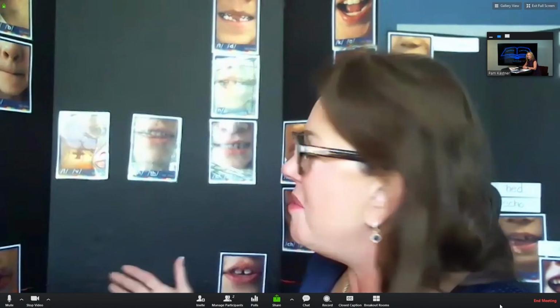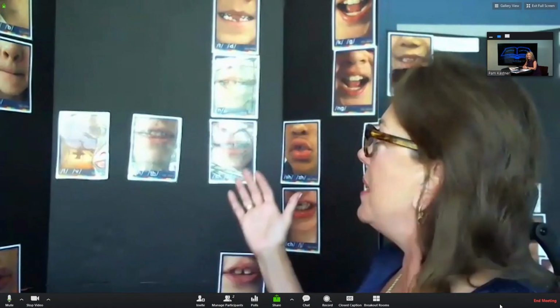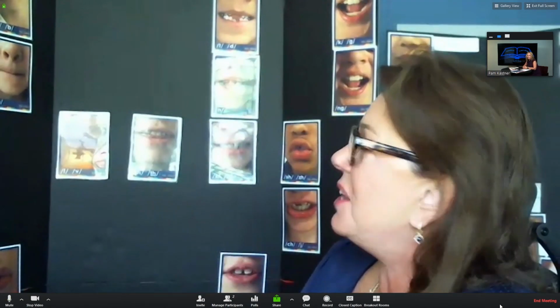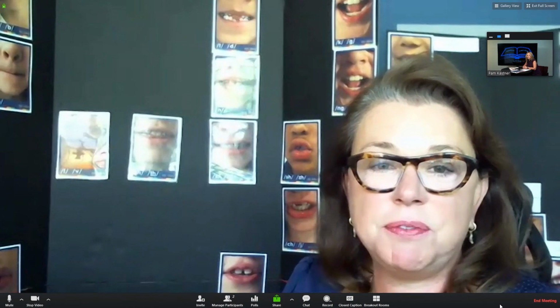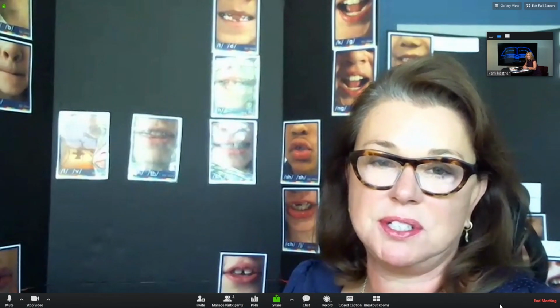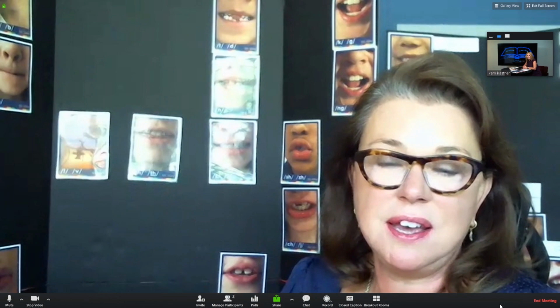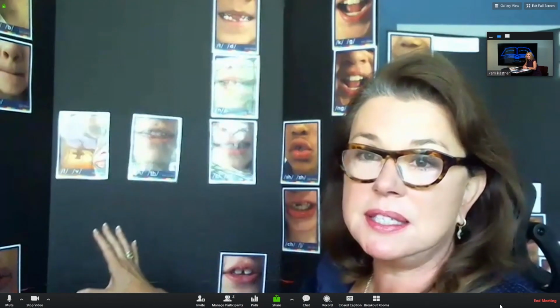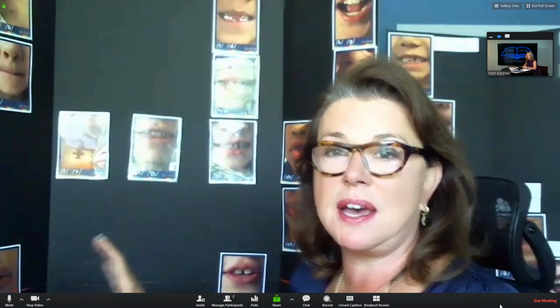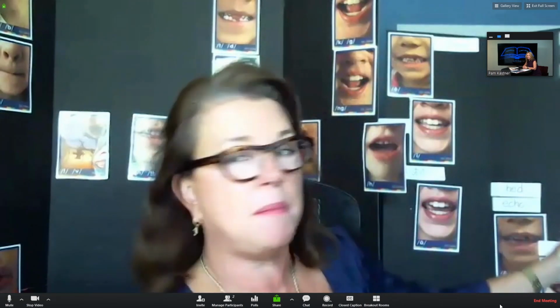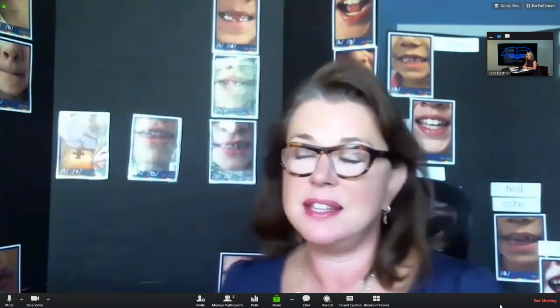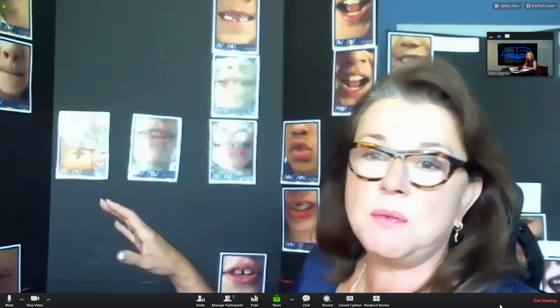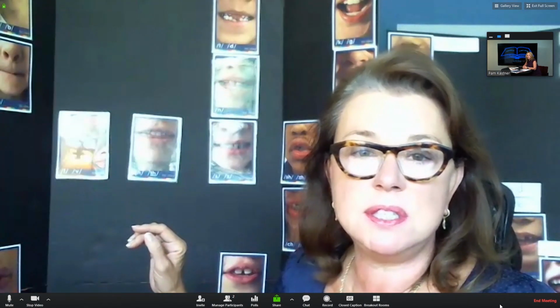So with the sound wall, I don't know if you can see my sound wall. I put up a sound wall here behind me, and we have the 44 speech sounds of the English language. A sound wall is organized with consonants on one side, and over here I have my vowels. The idea of the sound wall is that we use the speech sounds.